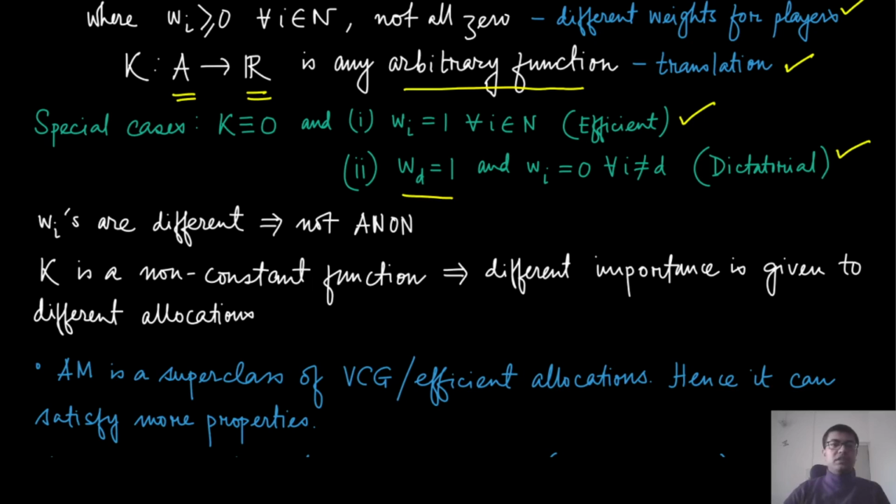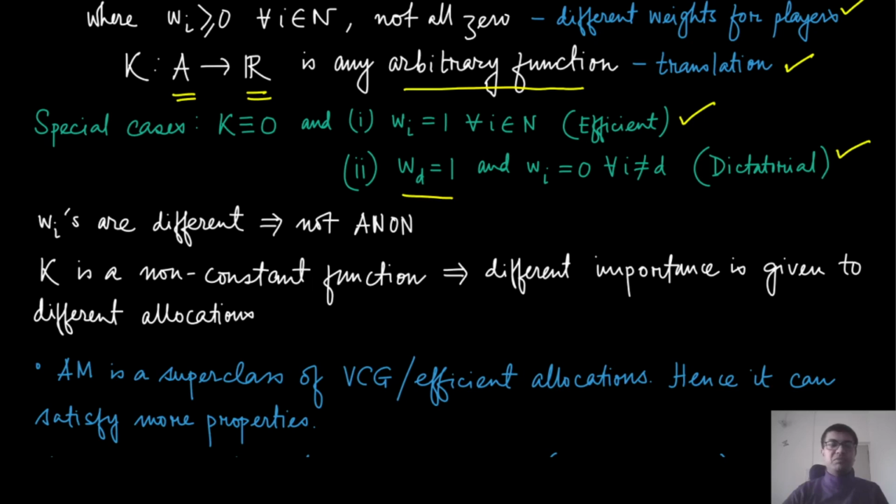The other thing to observe is that this kappa function could be a non-constant function. So it may have different values for different allocations, which means it is giving different importance to different allocations. This is something known as non-neutral, something that we may not discuss here, but imagine a property very similar to anonymity, where agent identities do not matter.